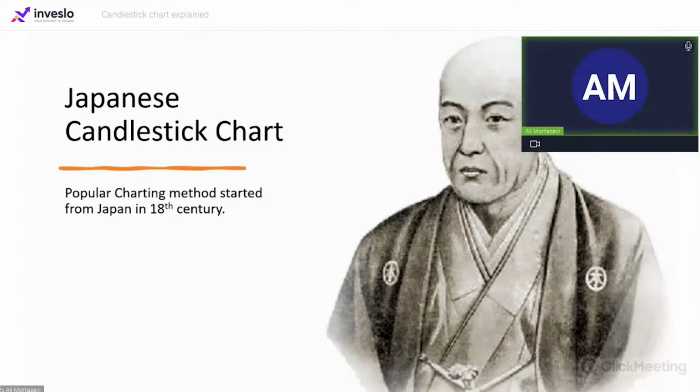Another charting method is bar charts, and also we have line charts, and maybe if you're familiar with point and figure, this is another charting method that we know about. So these are the charting methods, and it all started in the 18th century in Japan, and it's very popular nowadays in the West as well.